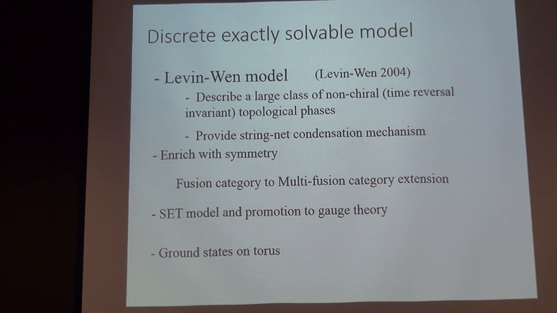So I will talk about how to extend this model. The Levin-Wen model is defined using the fusion category, and if we extend the fusion category to the multifusion category, then we may have the global symmetry in the model.